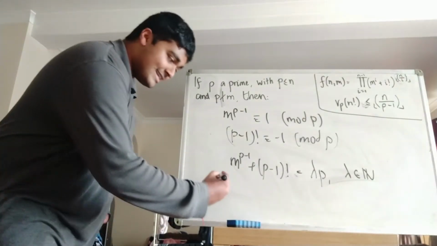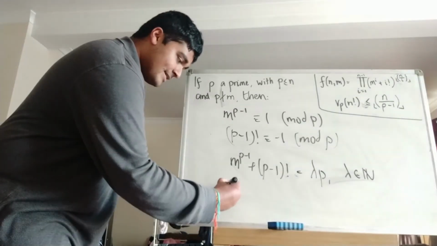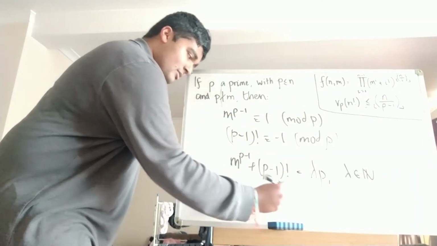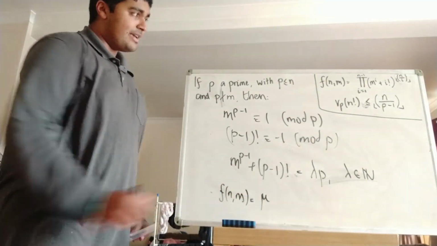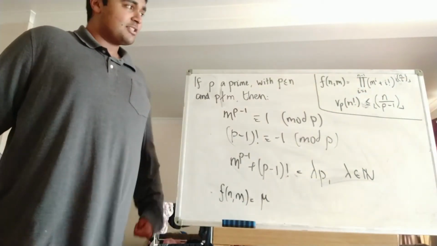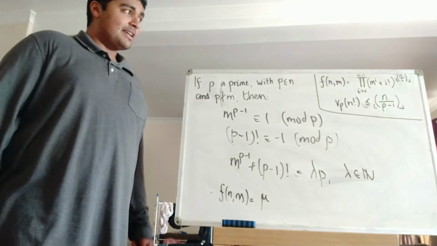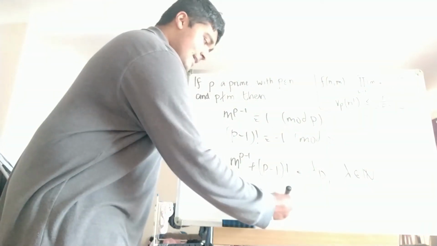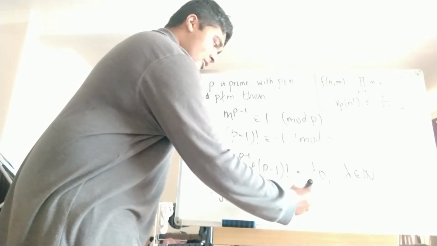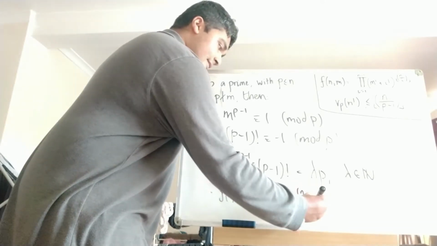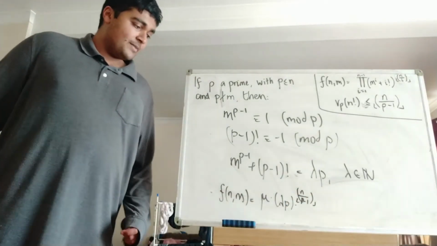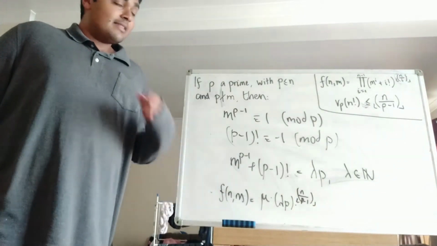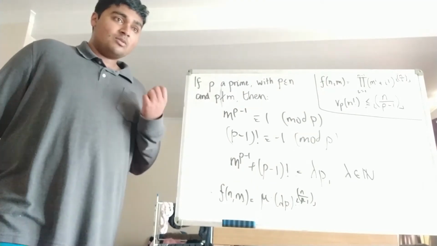So what that tells us is that f_n(m) is going to be some positive integer mu, and this mu just corresponds to the other terms in the product, the case where i doesn't equal p minus 1, and then the case where i equals p minus 1, we get lambda p raised to the floor of n over p minus 1, like so.